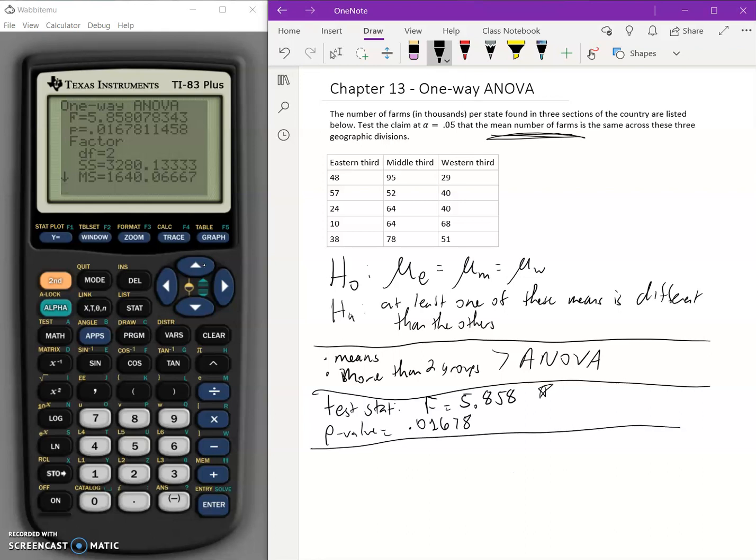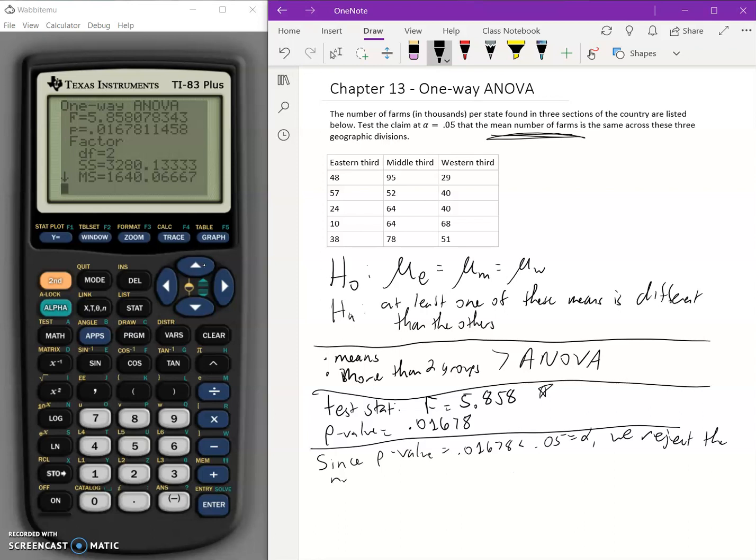So now we make our final conclusions. We notice that our p-value is going to be less than alpha. So since our p-value, which is equal to 0.01678, is less than 0.05, which is our alpha, we reject the null hypothesis.